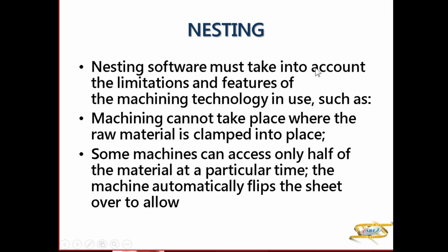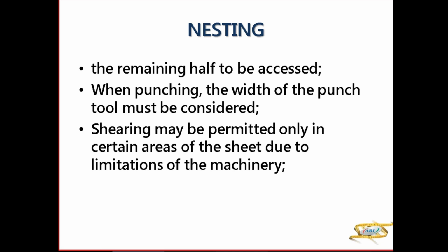So it also takes into account your limitations and features like machining cannot be done when your raw material is clamped into one place. Suppose your steel plate is clamped in one place, then you cannot do nesting and machining. Some machines can access only half the material at a particular time and automatically it flips the sheet to allow your remaining half to be accessed.